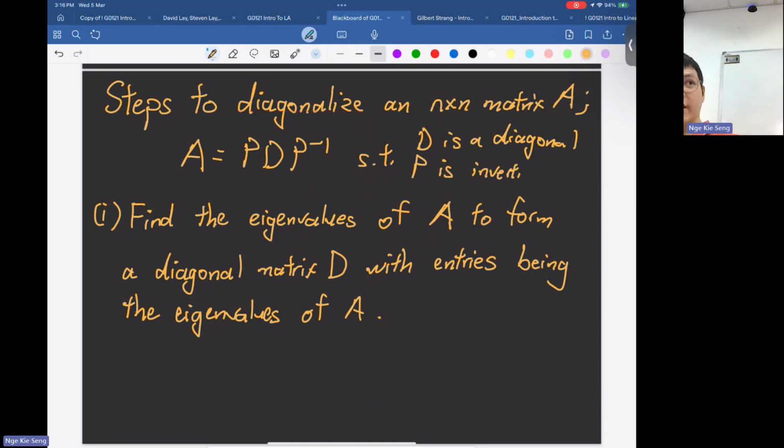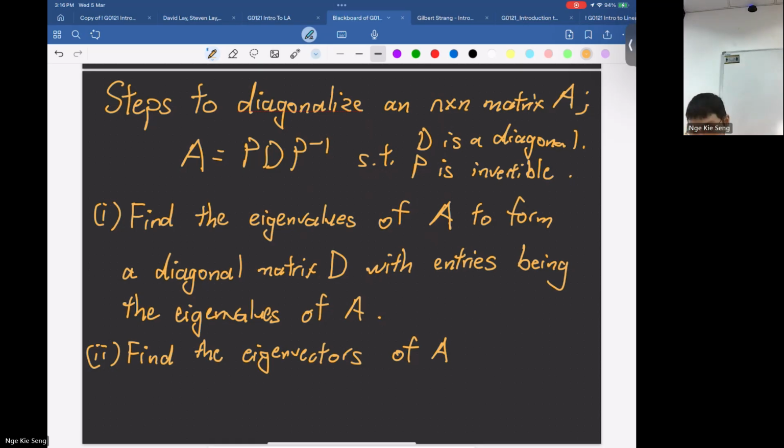Why invertible? Because you need its inverse. So to find D, you need to find the eigenvalues of A. To find P, you need to find the eigenvectors of A to form the columns of P.